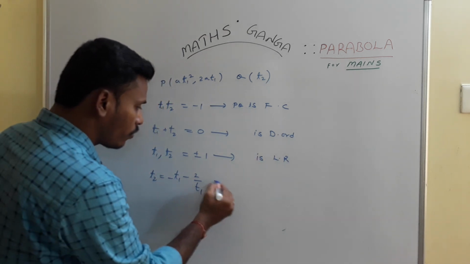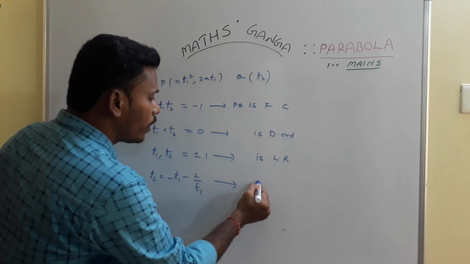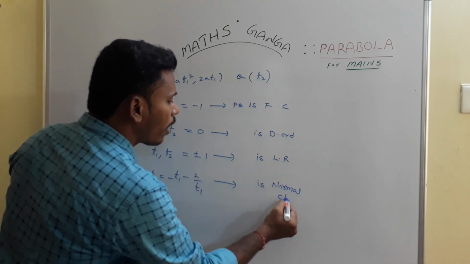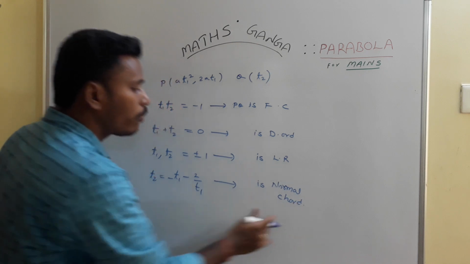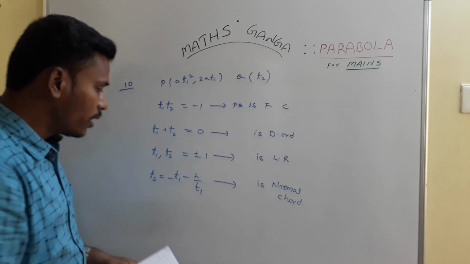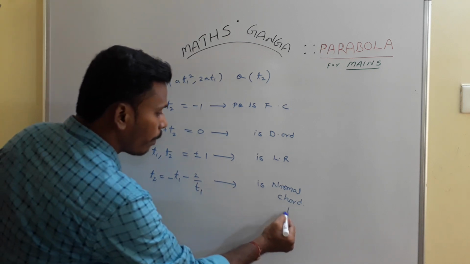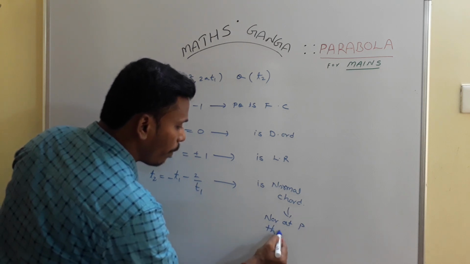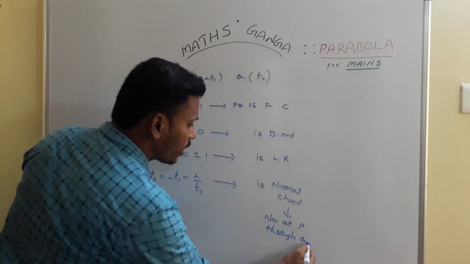And if you have a relation between t1 and t2 like this, we will say that PQ is the normal chord. What is meant by normal chord? A normal chord of the parabola is nothing but a chord where the normal at a point passes through the other one. See here, normal at P passes through Q, so we call it a normal chord.